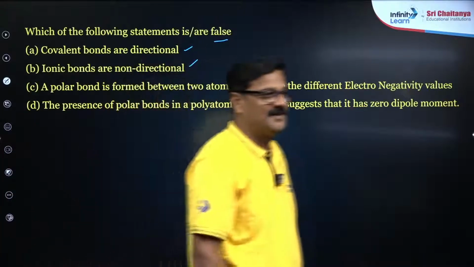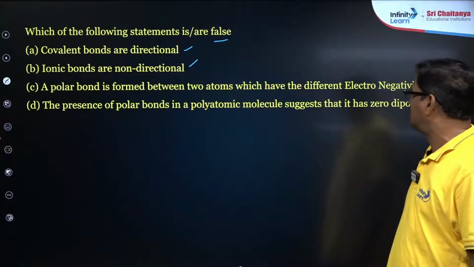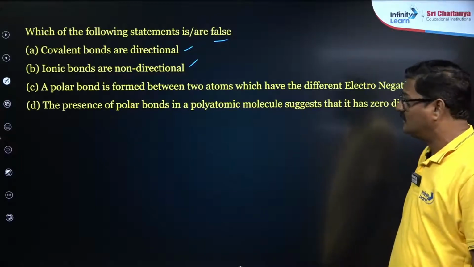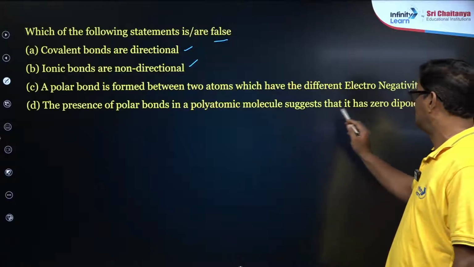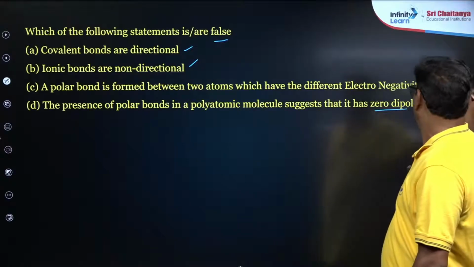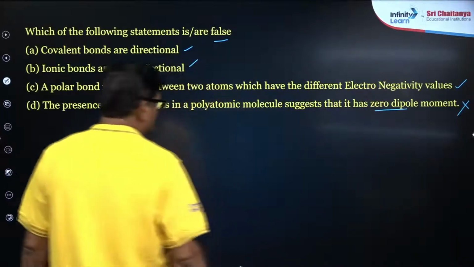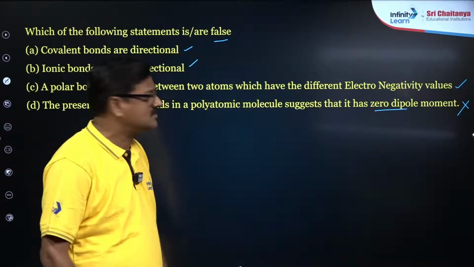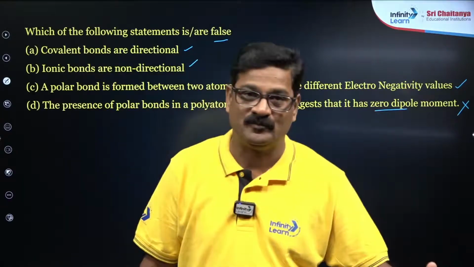Also, a polar bond is formed between two atoms which have different electronegativity values. Of course, the presence of polar bonds in a polyatomic molecule suggests that it has a zero dipole moment. Yes, the earlier one is correct, this one is wrong. They can be non-polar, but how can it have zero dipole moment? You can't say. It all depends upon the geometry of the molecule.